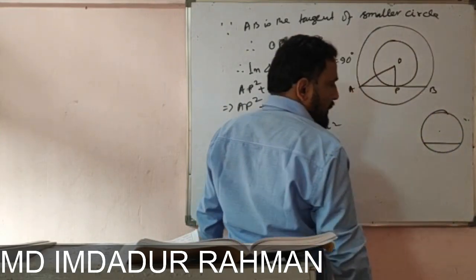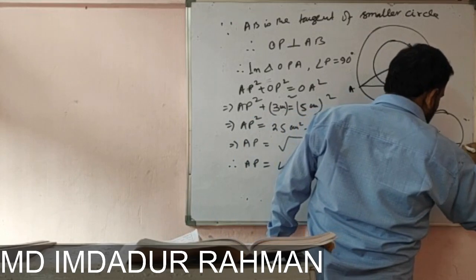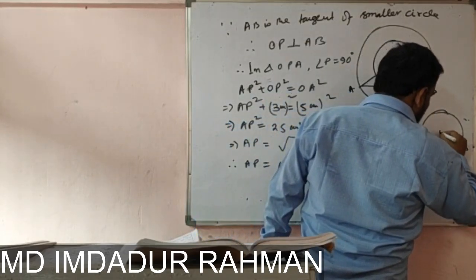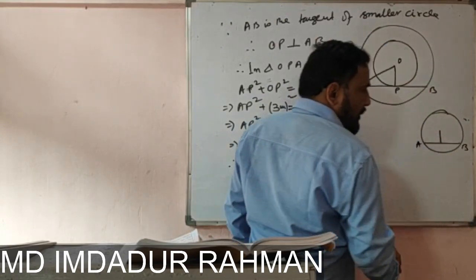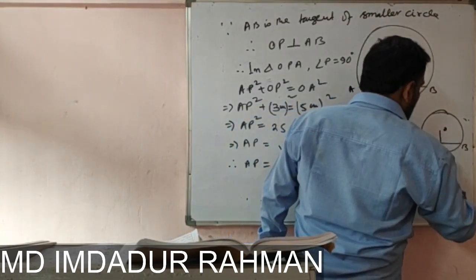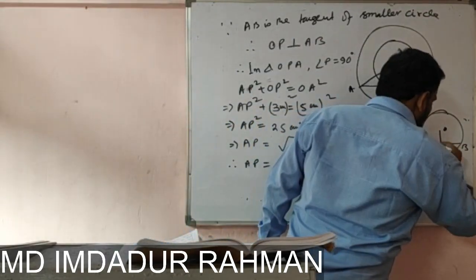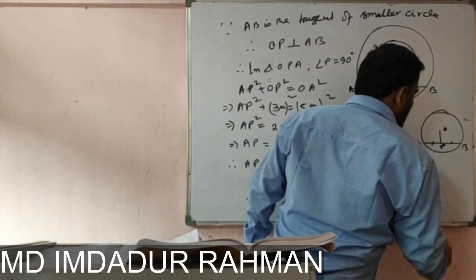In a circle, if AB is the chord, the line segment drawn from the center perpendicular to the chord bisects the chord. So AP is equal to BP.